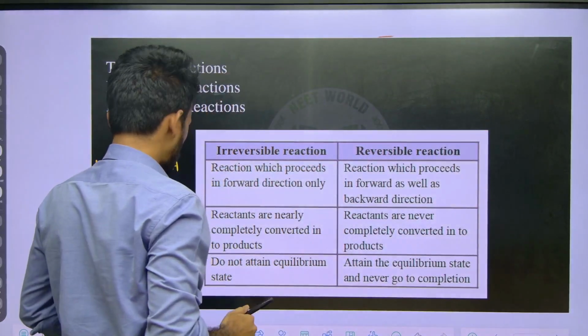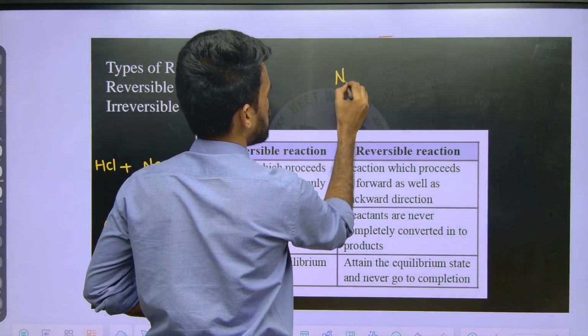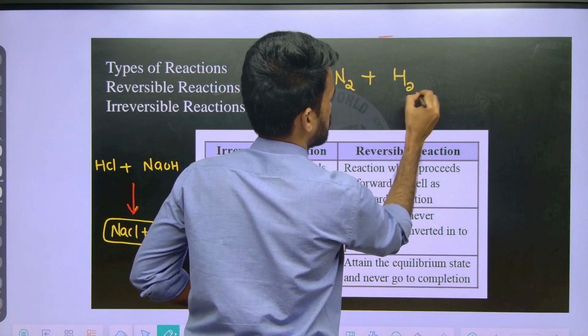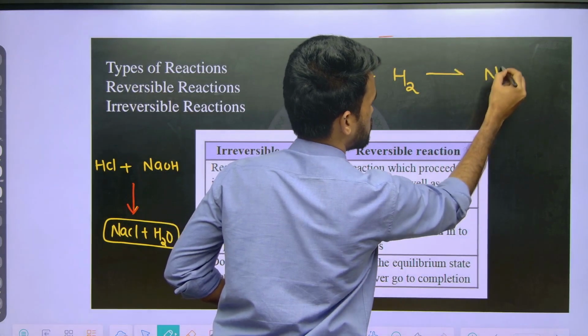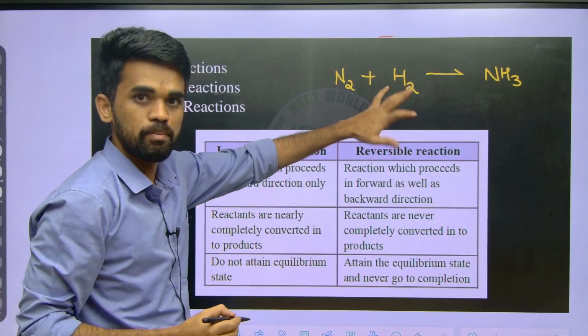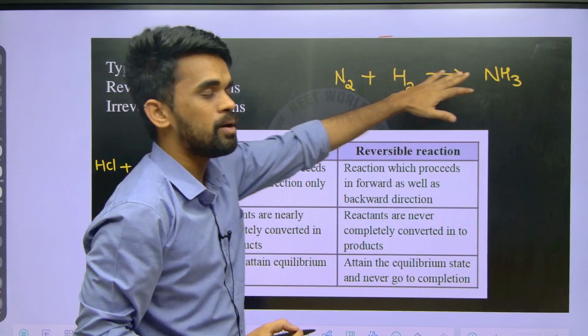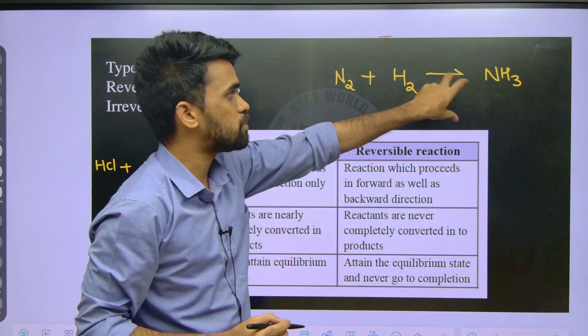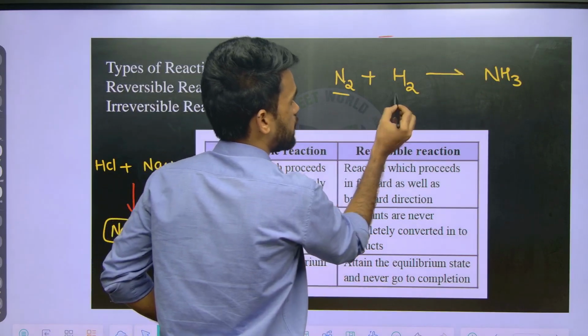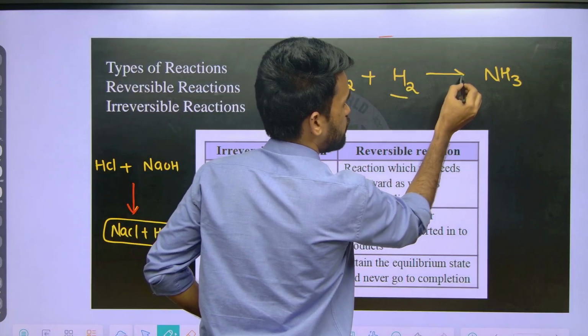Now look at this: the formation of ammonia by Haber's process is the best example for the discussion. N2 plus H2 combine and form NH3. This process is called Haber's process. Nitrogen combines with hydrogen and forms ammonia.